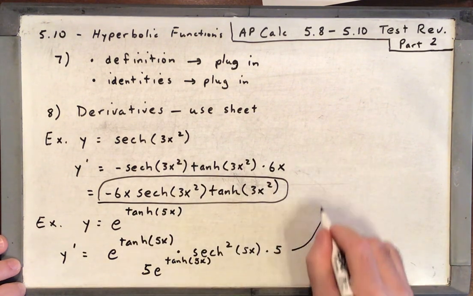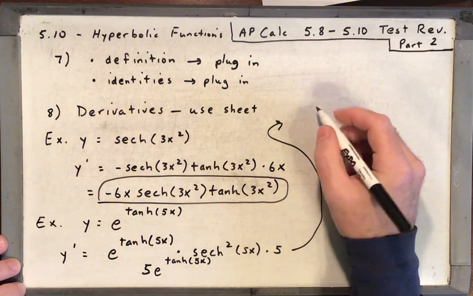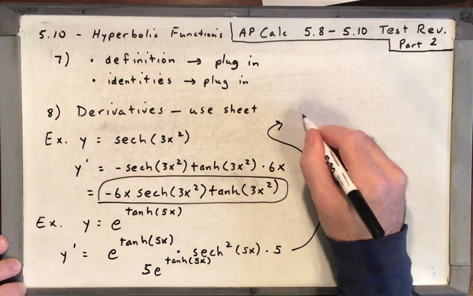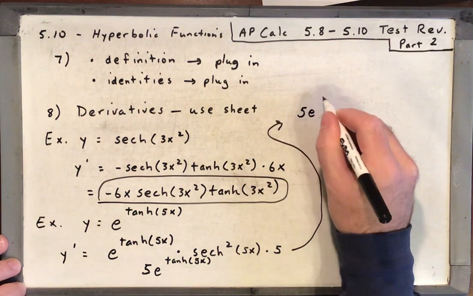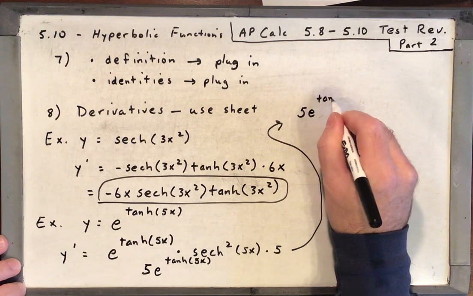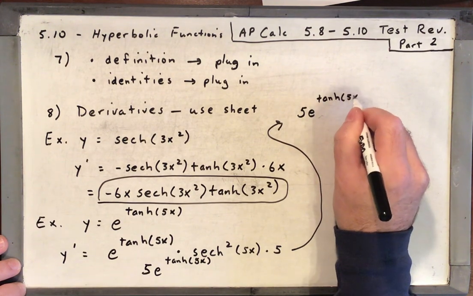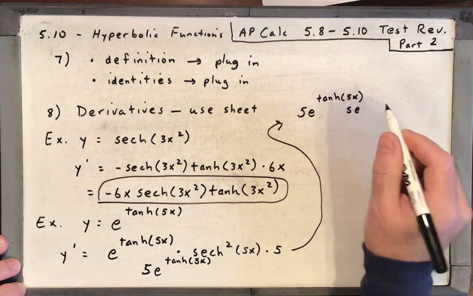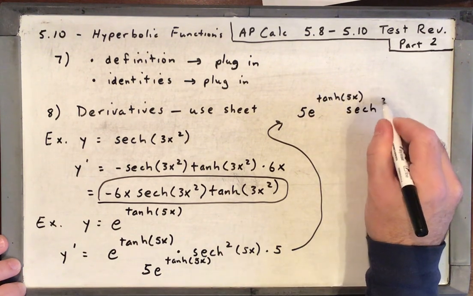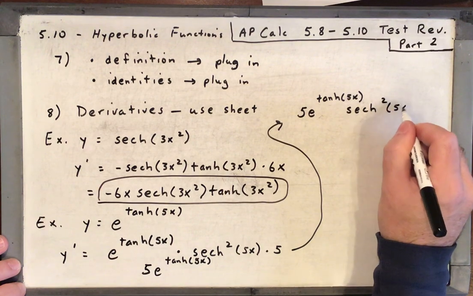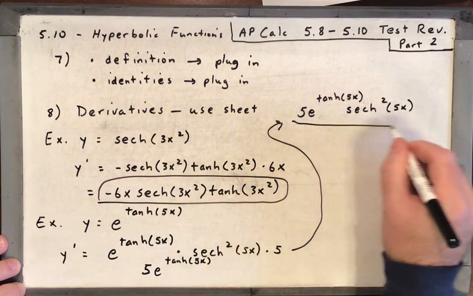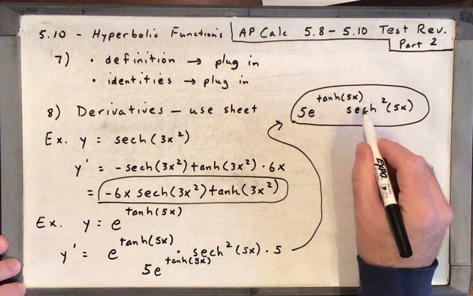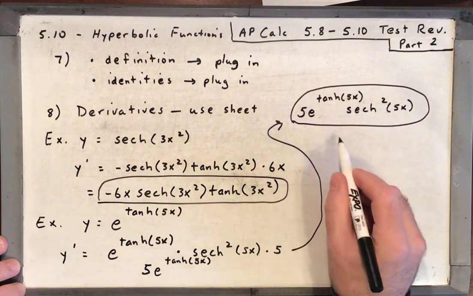Okay, sorry about all that. Give myself a little more space here. So 5e to the hyperbolic tangent 5x times hyperbolic secant squared 5x. Probably would have been better for me to bring that hyperbolic secant squared 5x out front.